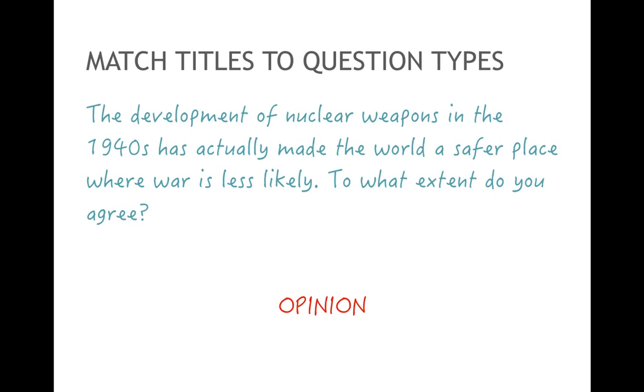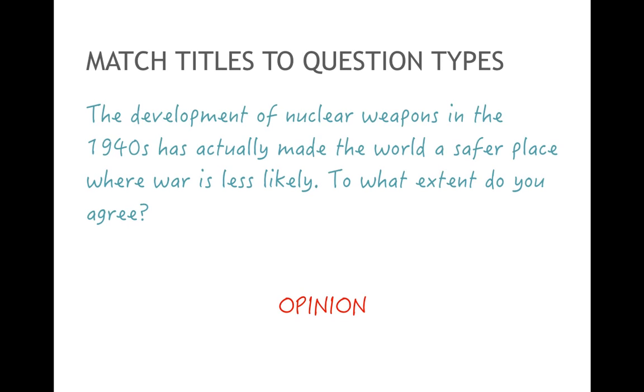You can say, I strongly believe that this is true, and the first paragraph can be about how the world has become a safer place because of nuclear weapons. The second paragraph can be about evidence of how there hasn't been a major war between all countries since World War II, and so on. You can write the entire essay as a one-sided essay.